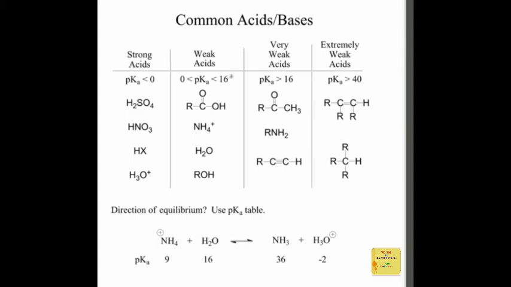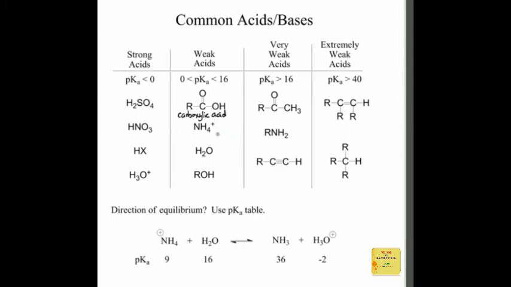Okay, weak acids are things that generally have a low pKa, somewhere below 16 or so. What falls in this category is this arrangement when we have a carbonyl with an OH. These are known as carboxylic acids. A carboxylic acid has a pKa somewhere around 5. It's quite easy to deprotonate a carboxylic acid.